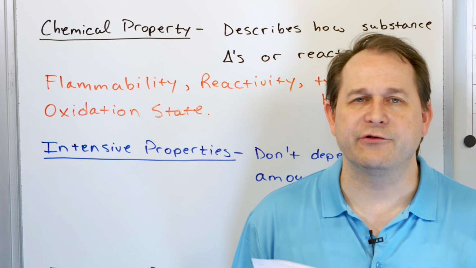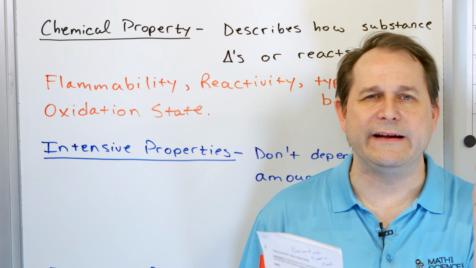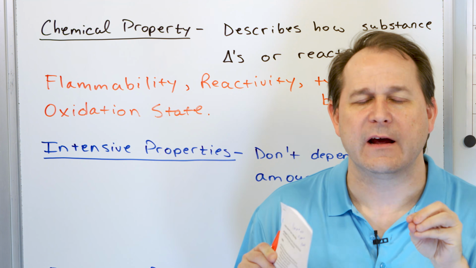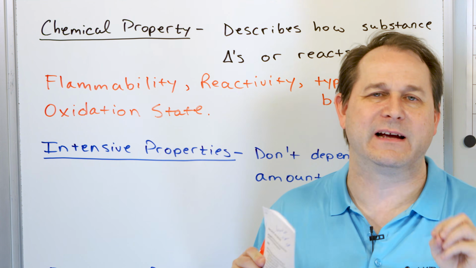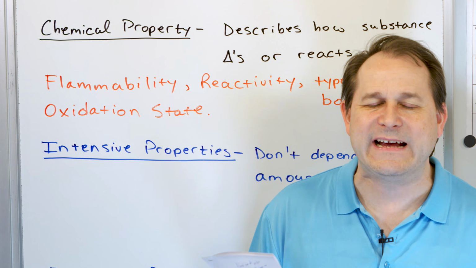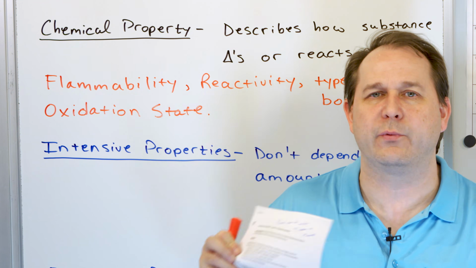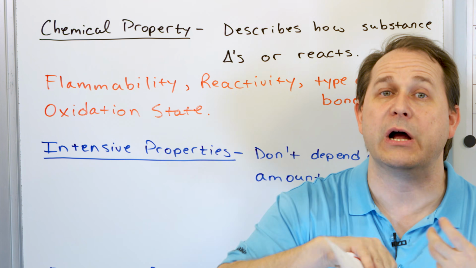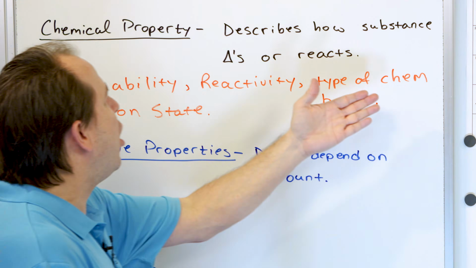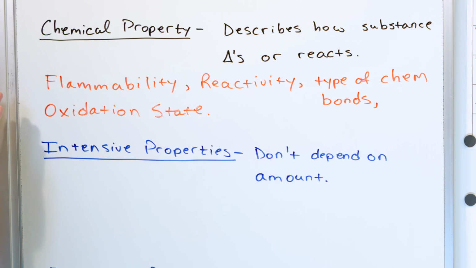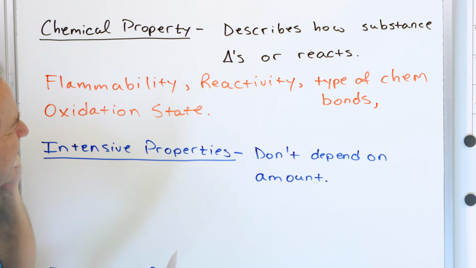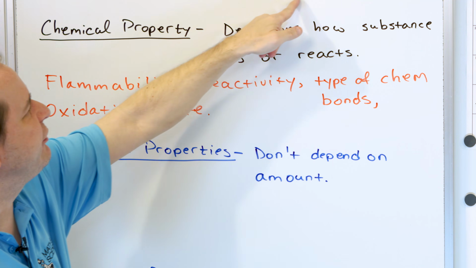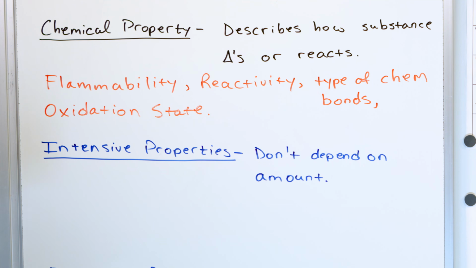The oxidation state of an atom relates to how willing it is to donate electrons to other atoms or accept electrons from other atoms, because as I said, all of chemistry is related to what happens with the electrons, which cause things to bond together, okay? So these are all chemical properties. They require a change in the substance, a chemical change, in order to measure them, whereas with the physical properties, in all of these examples, we didn't make any changes, we just observed, okay?